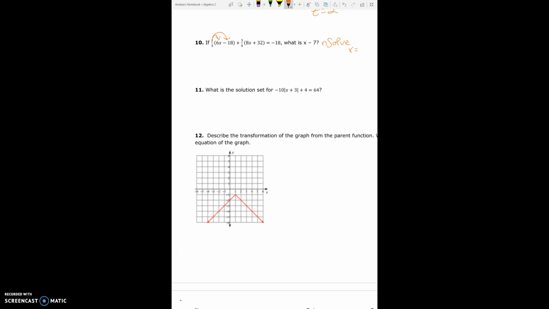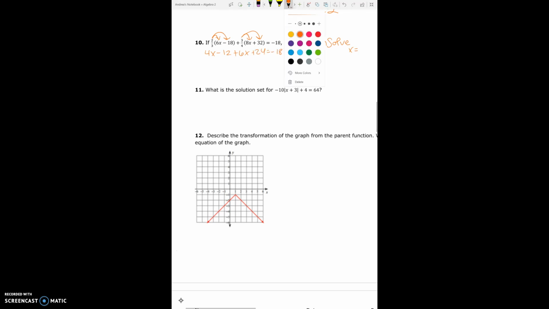I'm going to end up getting, let's see, 4x. And 2 over 3 times negative 18, I'll get negative 12. 3 over 4 times 8x, I'll get 6x. 3 over 4 times 32, I'll get 24 equals negative 18.